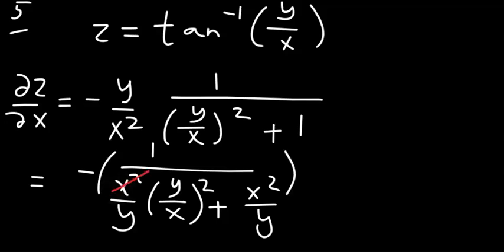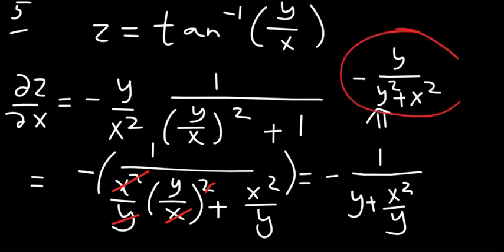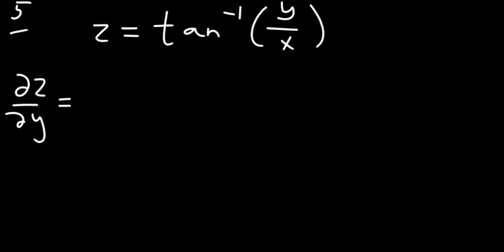So this x squared will cancel that x squared, this y will cancel one of the y there, and you get minus 1 over y plus x squared over y, which you can further simplify as minus y over y squared plus x squared. And that's the result. Don't forget the bracket.